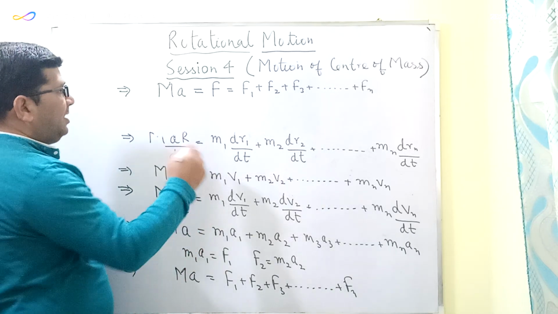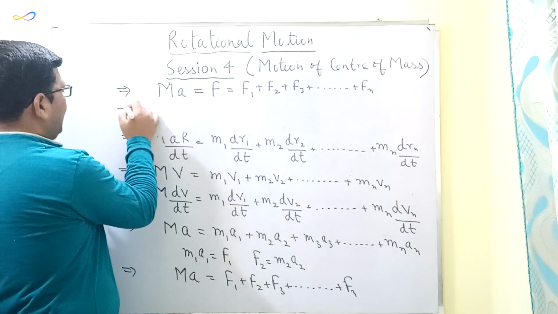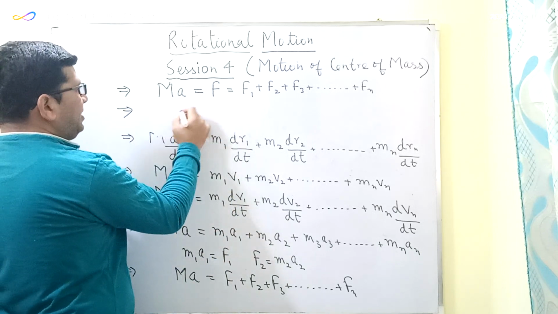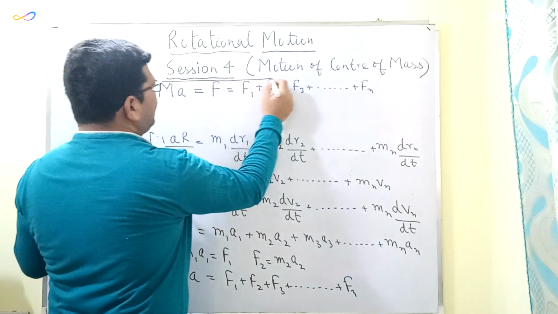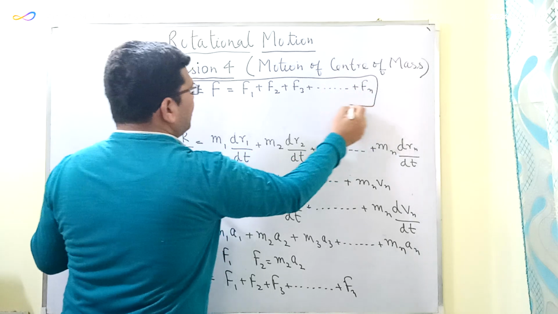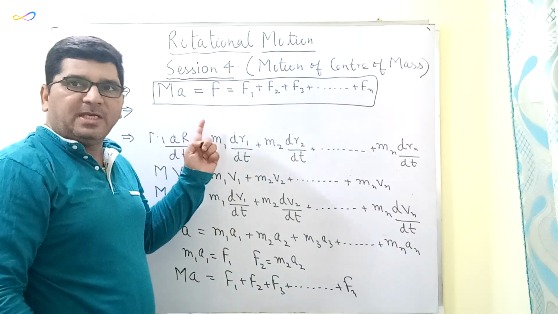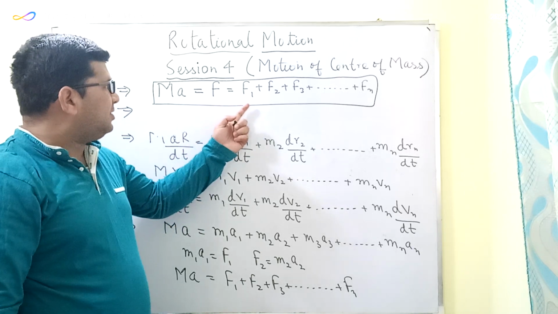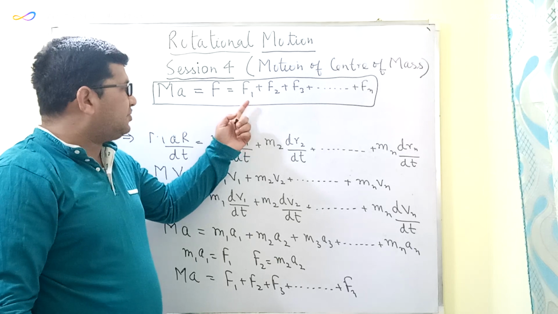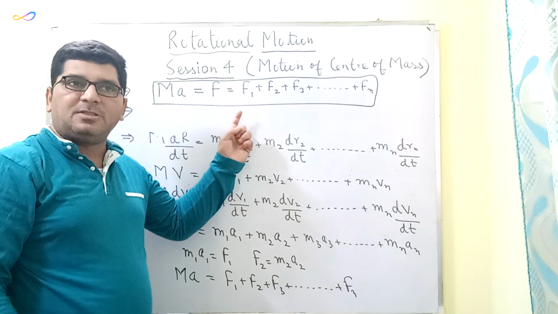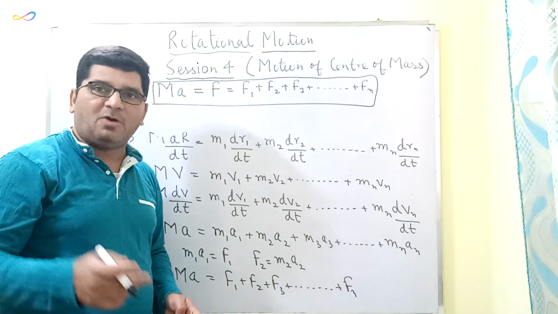I hope you have understood what has been taught today. The most important relation I wanted to derive here was this: the force acting at the center of mass of any body is equal to the sum of the forces acting on each and every particle constituting that system of particles.